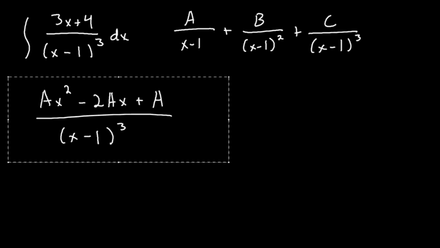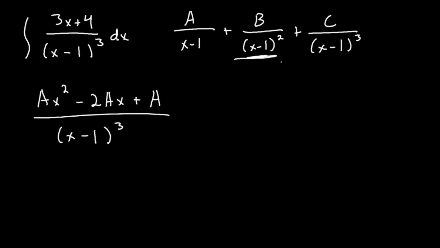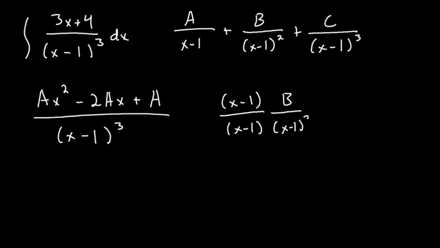What about for the b fraction? Well, in order to multiply this denominator into the original denominator, you need to multiply by just simply x minus 1, right? So x minus 1 over x minus 1 times b over x minus 1 squared. Well, this just equals bx minus b over x minus 1 to the power of 3.